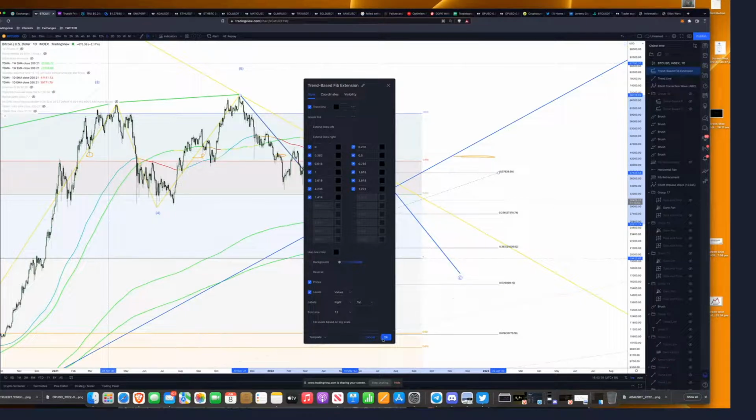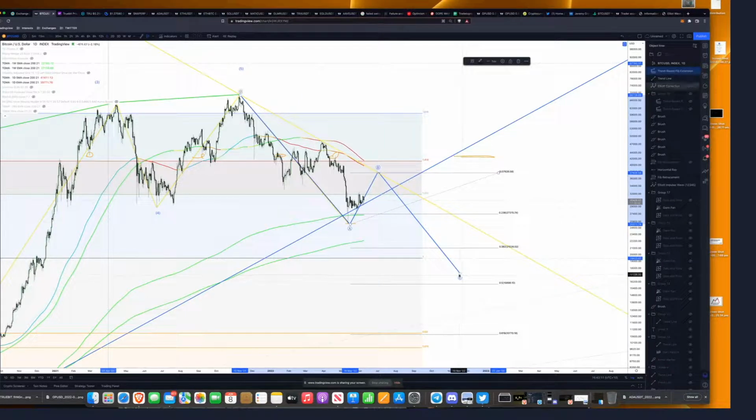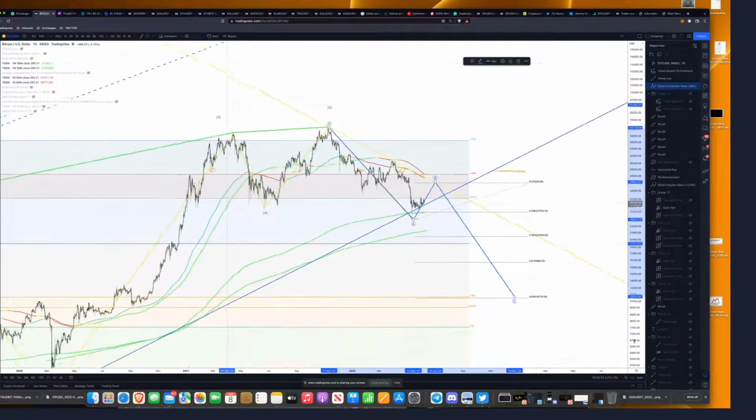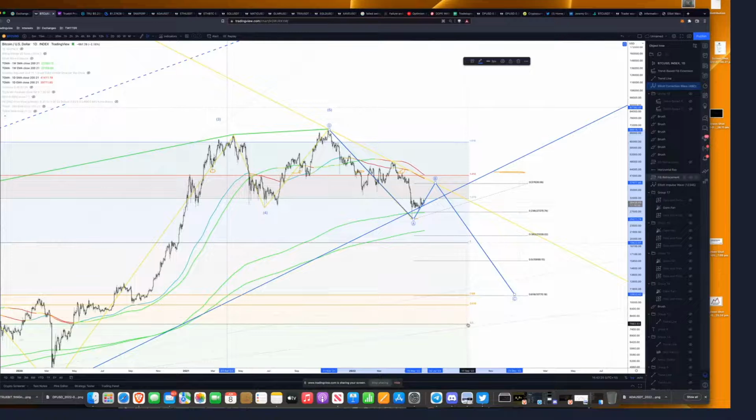Yep, and the 0.5 is there, 0.618 is there. 10K. Some people say it's 10K, just based on a few things. 10K, and they say even worse, it might dip down to 8K, which is that range because of this monthly area and so on.